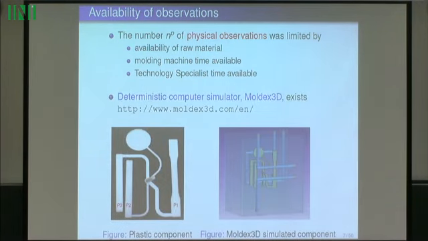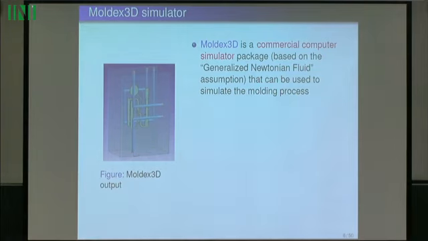Okay, so physical observations are limited, but there's a simulator. This is a commercial simulator, but you can define the part geometry, so that looks very much like the ones we were producing. Okay, so we don't know exactly what equations are in it.